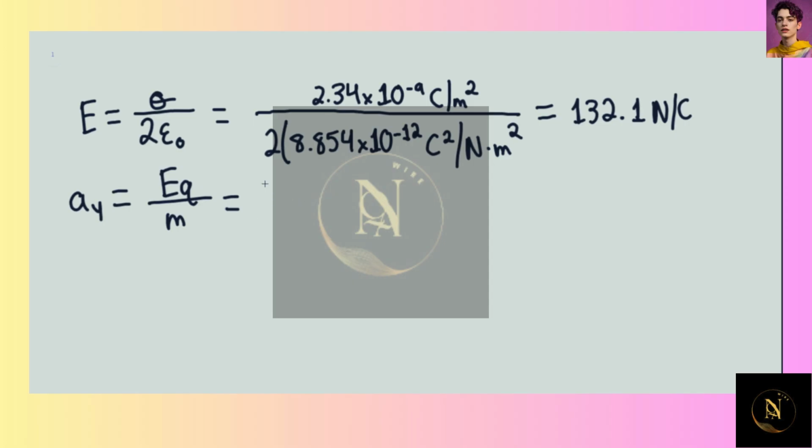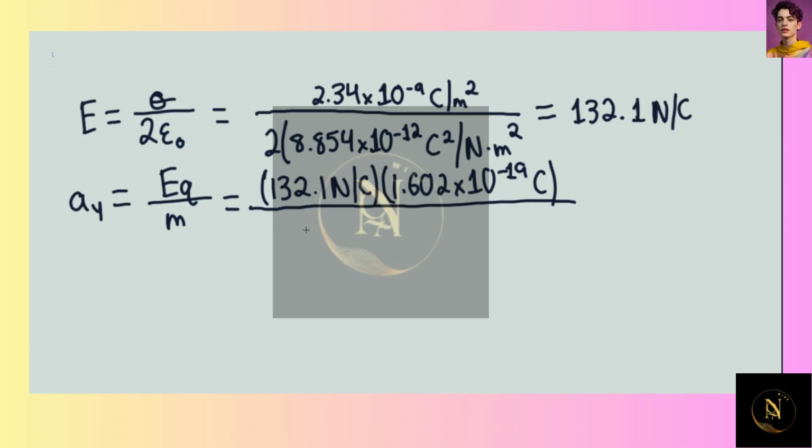And so this is equaling 132.1 newtons per coulomb multiplied by the charge of 1.602 times 10 to the negative 19th coulombs divided by the mass of 1.673 times 10 to the negative 27th kilograms.